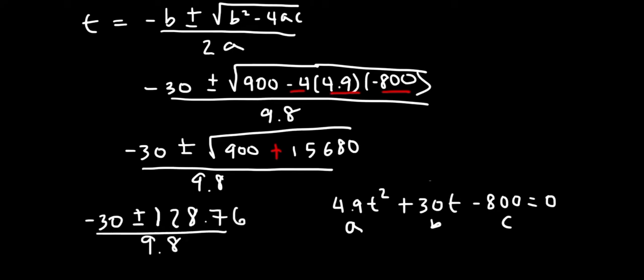Now, there could be two answers: negative 30 minus 128.76 and negative 30 plus 128.76. We know time can't be negative, so we're just going to ignore the negative answer. So, if we take negative 30 plus 128.76, that's positive 98.76, and divided by 9.8, this will give us a t value of 10.08 seconds, which is less than the other answer, which was 12.78.